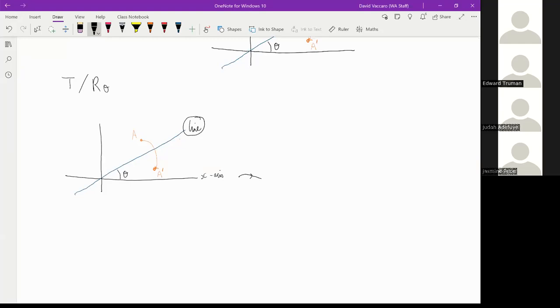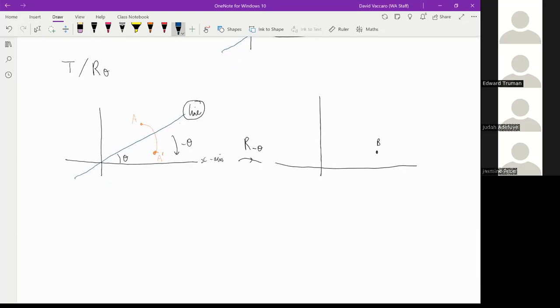Well, we could just rotate by negative theta. So I'm going to do the rotation by negative theta. That's going to take the point A to the point B, and it's taken the blue line to the x-axis.